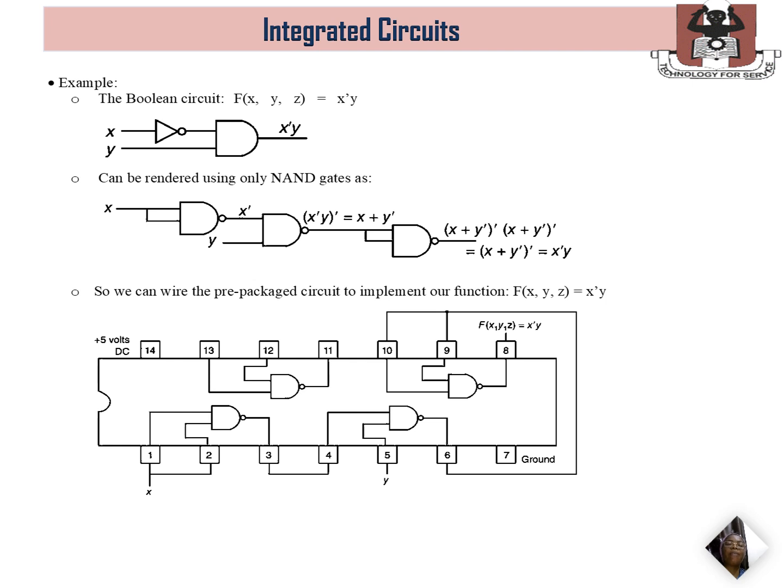They can be rendered using NAND gates, which means you can convert this inverter to a NAND gate, and that is what is implemented here. So we can wire the prepackaged circuit to implement our function. Actually, you can replace an inverter with a NAND gate and use it to form your integrated circuit.